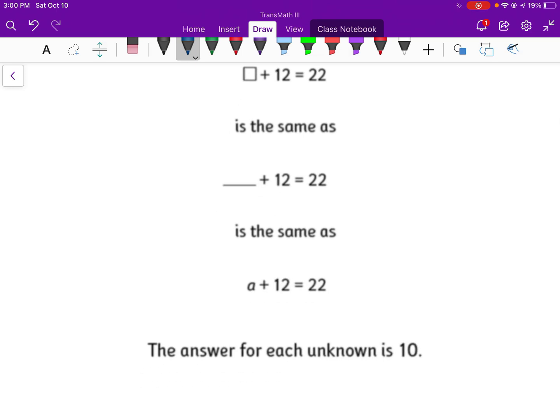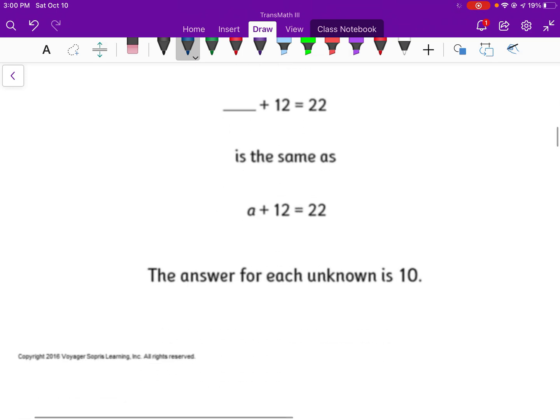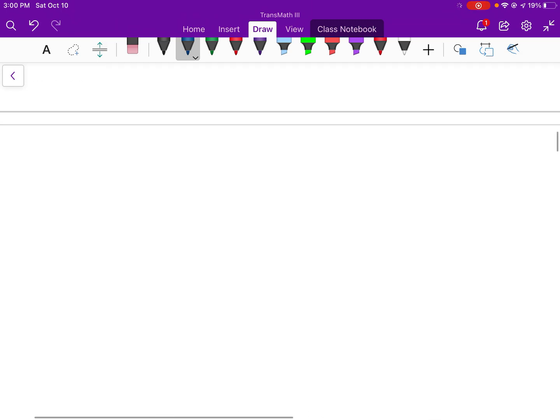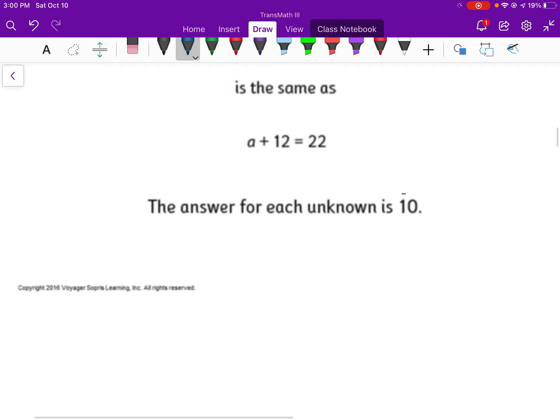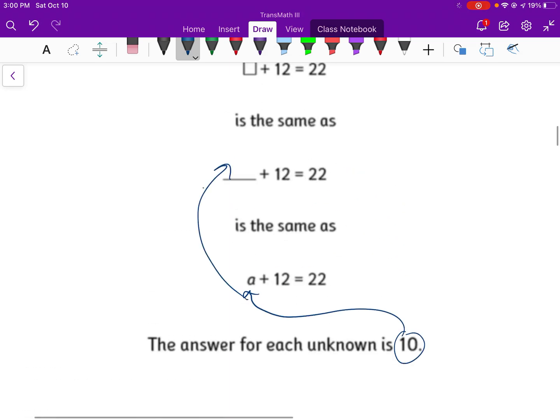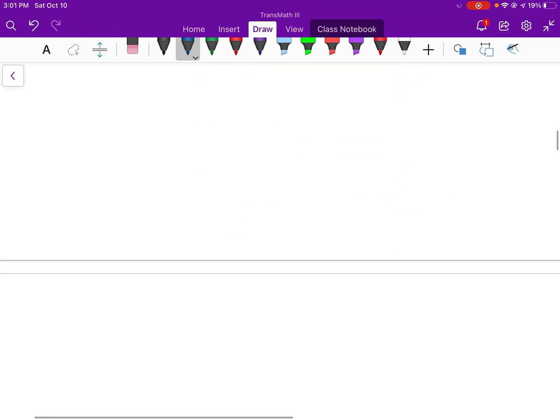Above, you knew it was 10. So when we replace that box with a, a is equal to 10. Because if I plug 10 into there, or into there, or into there, it's just different ways of representing that unknown value.